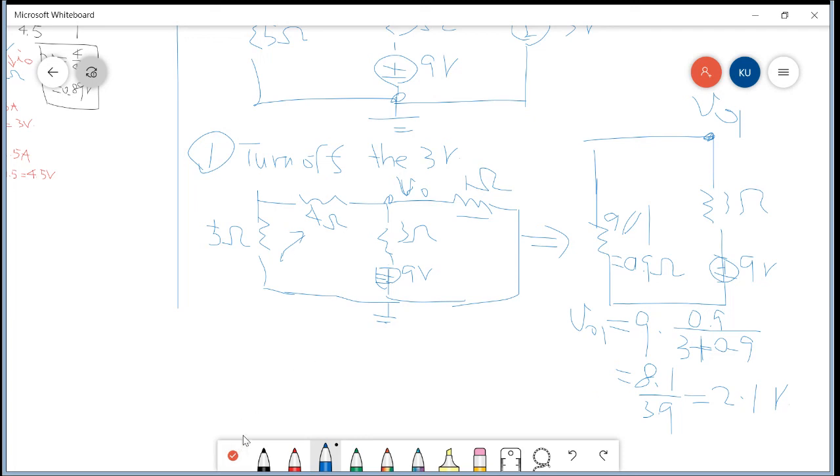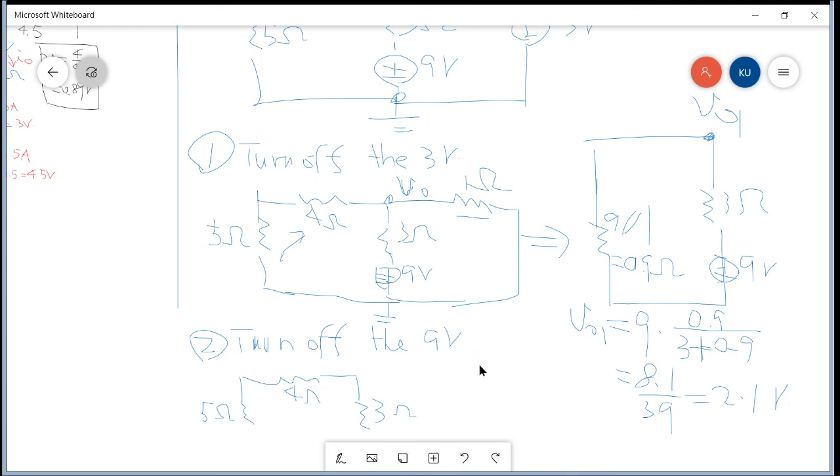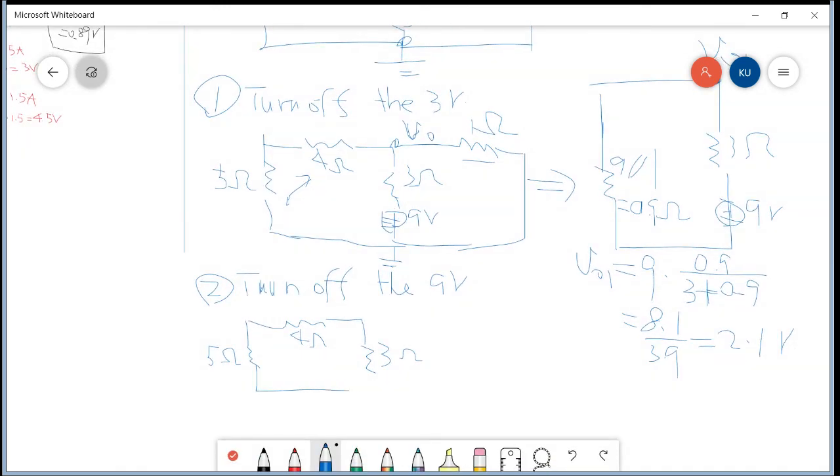So for the second step, we turn off the 9 volt. In this case, we have 5 ohm, 7 ohm, 3 ohm, and since we turned off the 9 volt, this is connected to ground. We have 1 ohm, and this time the 3 volts should be on, and this is VO.